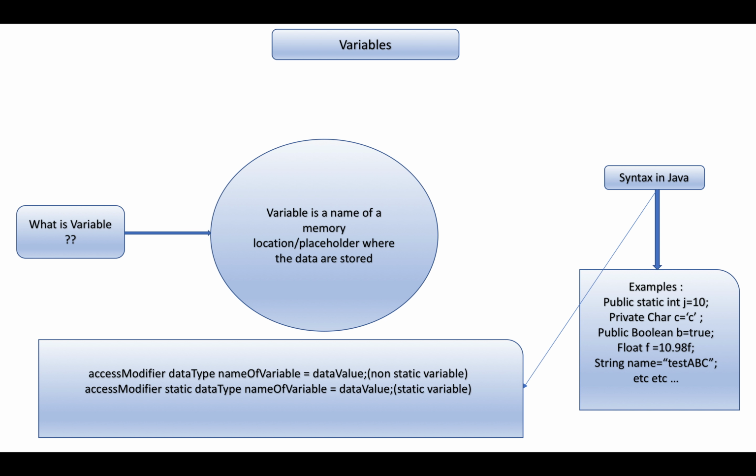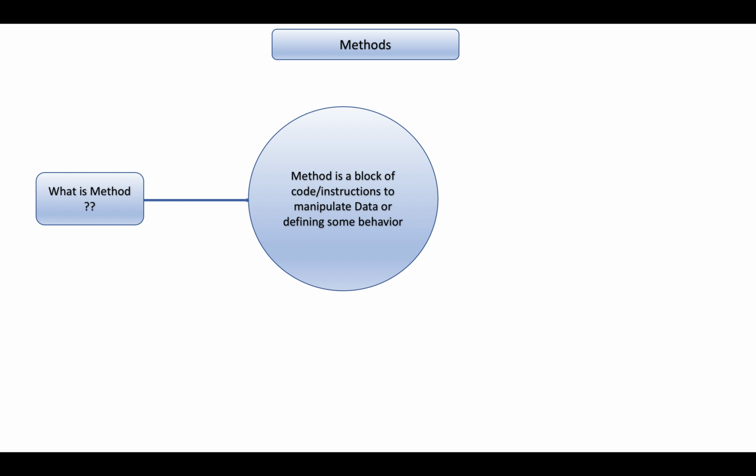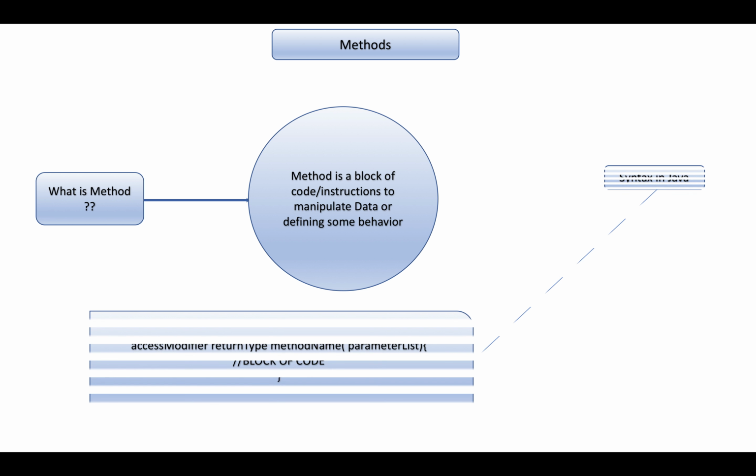So now, what is a method? As I was mentioning, a method is a set of code, or a block of code or instructions, which performs certain courses of action, or defines some behavior, or manipulates some data and gives some results. That's what a method is.